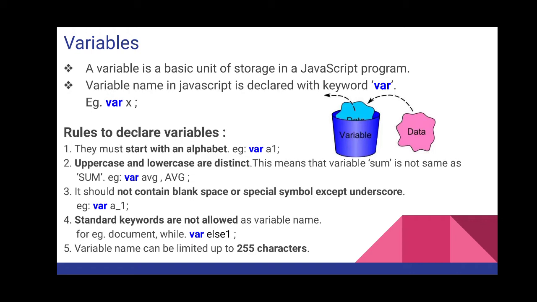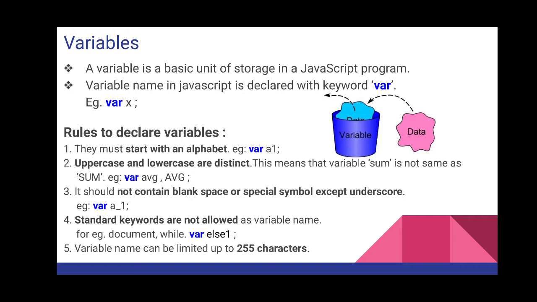Though they sound the same, since it is case sensitive, these are treated as two different variables. Similarly, one more example is avg. Suppose I have to calculate some average, that is why I am using avg for my variable name. But I have taken two variables, avg in small letters and, there is another, capital AVG. These both look or sound the same, but these are treated as two different storage units, that is, two different variables.